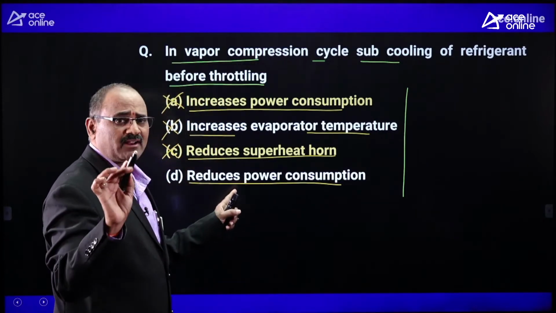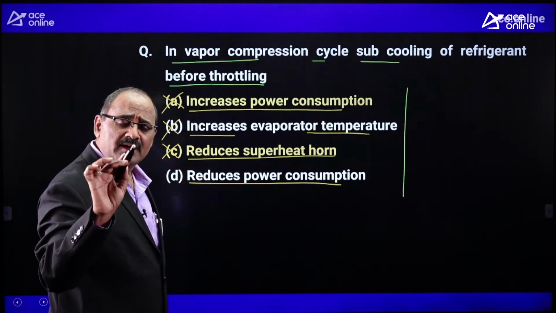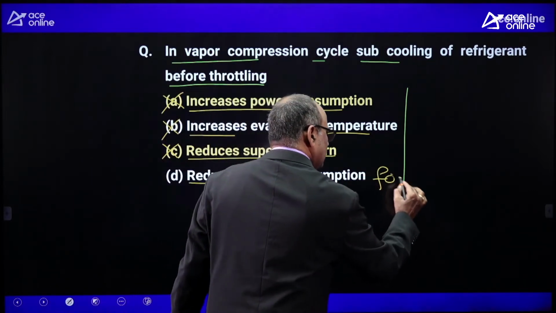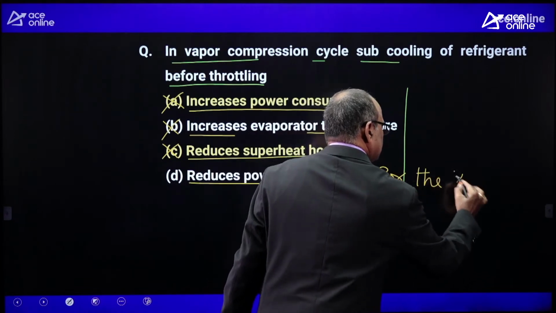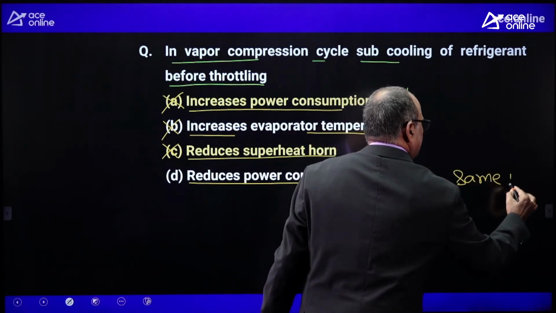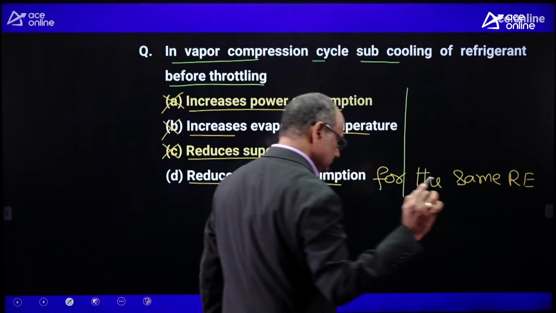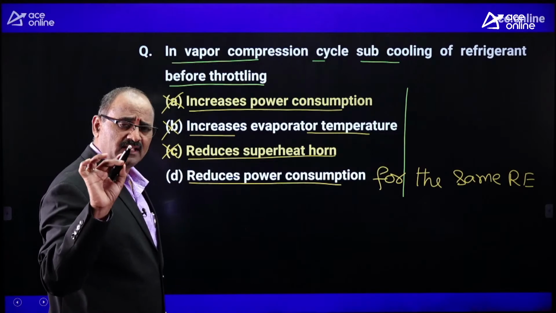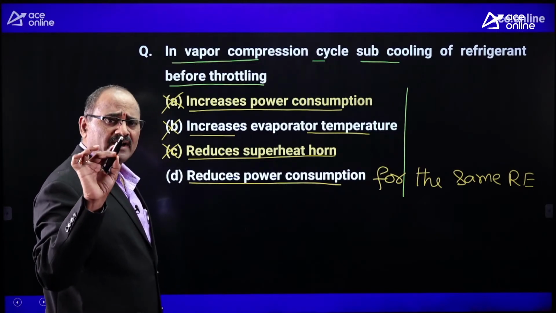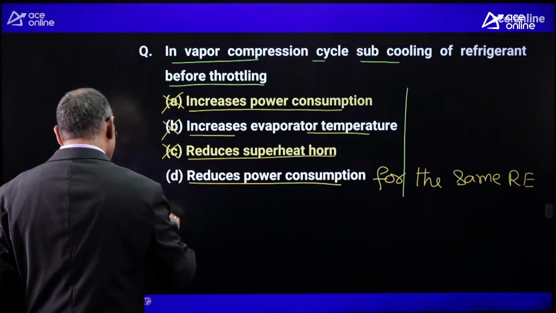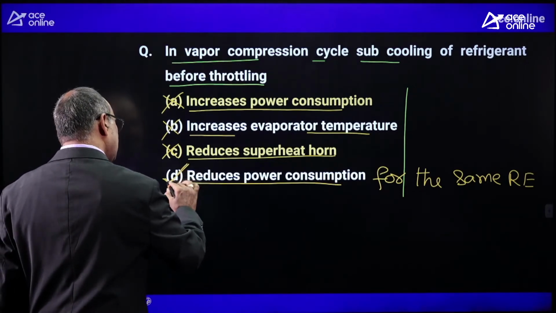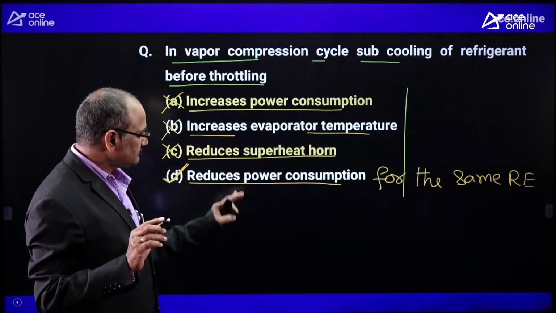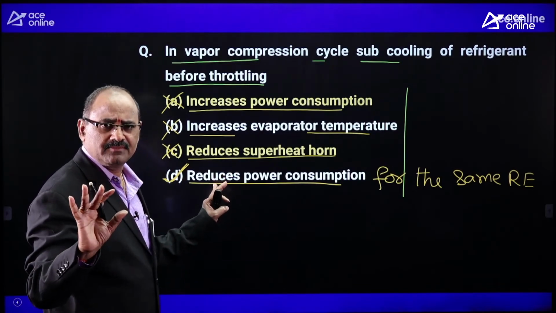Here reduces power consumption means for the same refrigeration effect, definitely the power consumption decreases due to the undercooling mechanism. Therefore, I am selecting option D. Option D is absolutely correct. Are you following clearly? Yes.